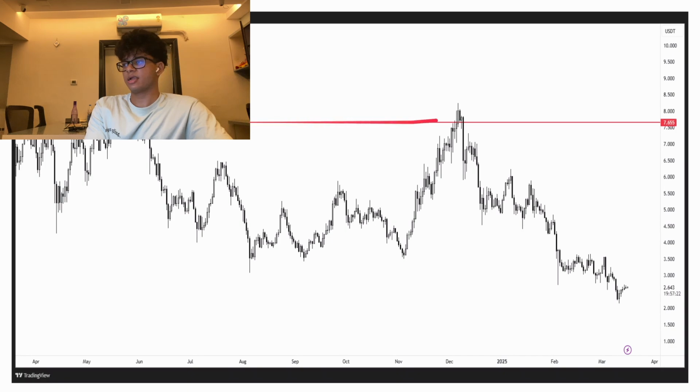So basically we had a resistance here, price comes here, closes above this level. And what people would now be thinking is, oh, it closed above this level, now this is support. And what the market does is it brings it straight down.